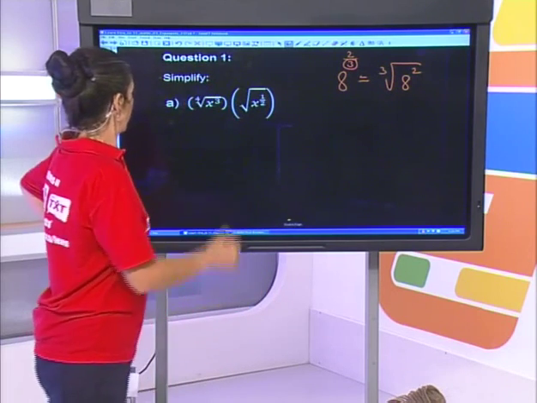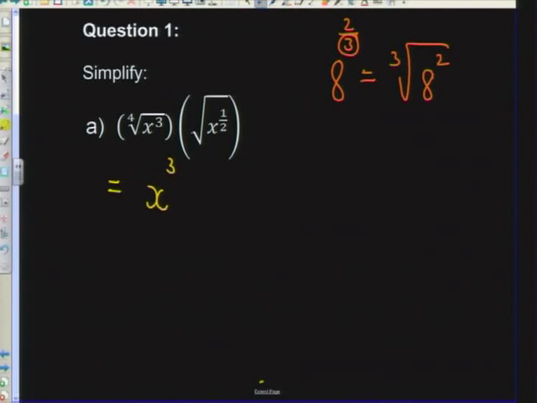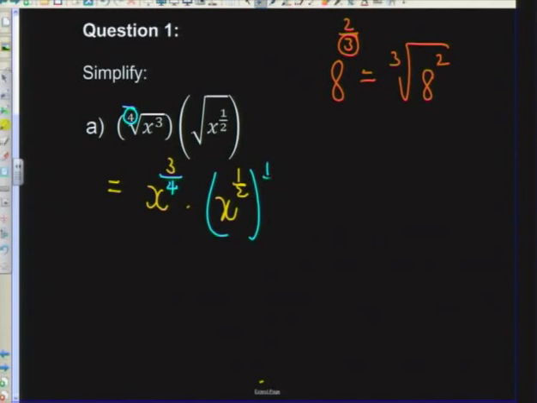Right, so let us try and put this into exponential format. We've got this equals x cubed is my power, and then I've got my 4th root as the root to work with, so therefore my root goes underneath, and I'm multiplying that by x to the half. And what root do I have over here? What is the root that I'm taking? Correct, that's the power of a half.